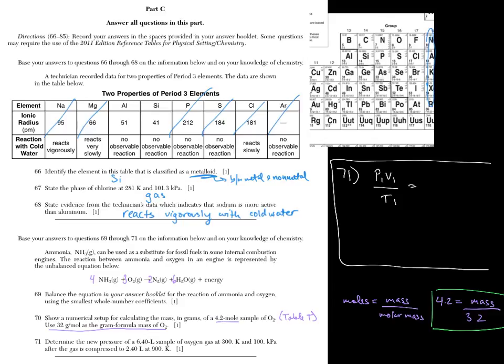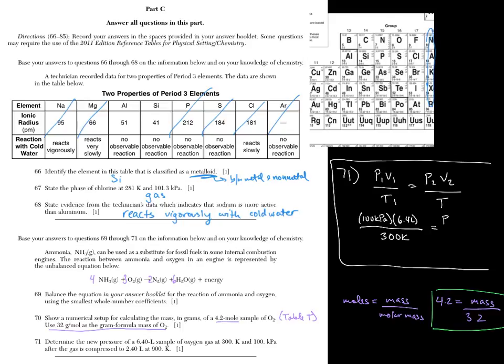And look, nothing is being held constant, so we're going to use every single one of these values. On the left side, we start with our initial values: 100 kilopascals as our pressure, volume of 6.4 liters, over a temperature of 300 Kelvin.